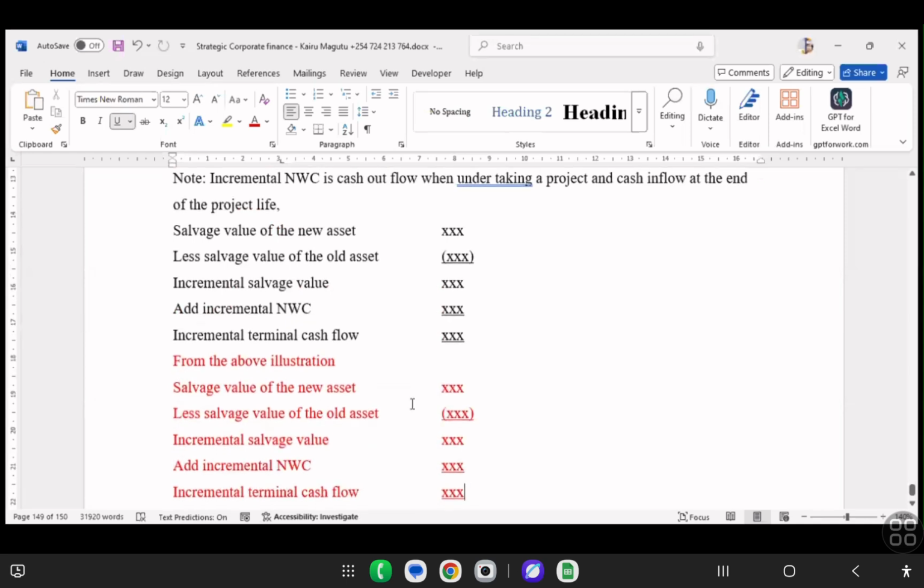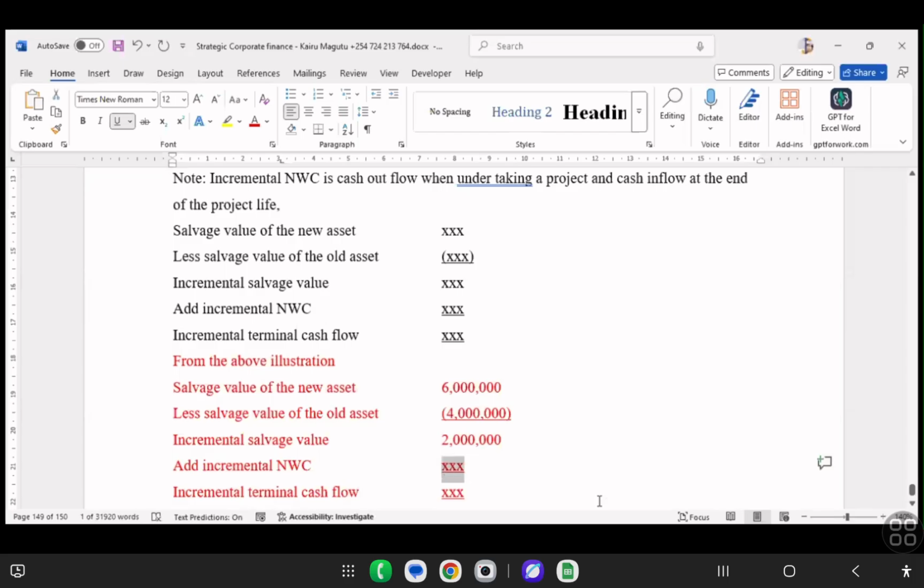So the salvage value of the new asset is 6 million. The salvage value of the old asset is 4 million. The difference is 2 million. That is the incremental salvage value.